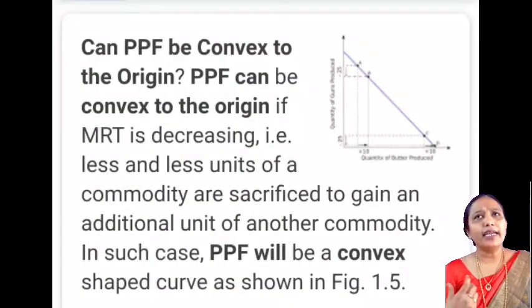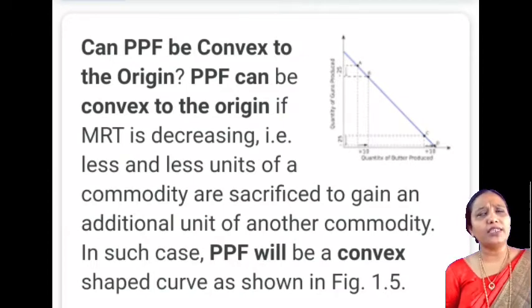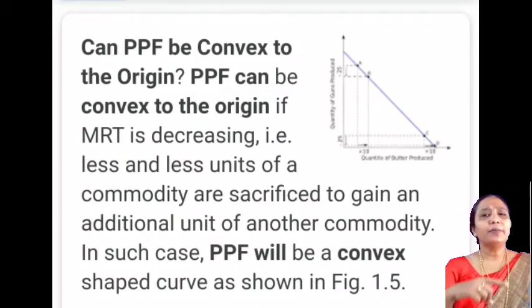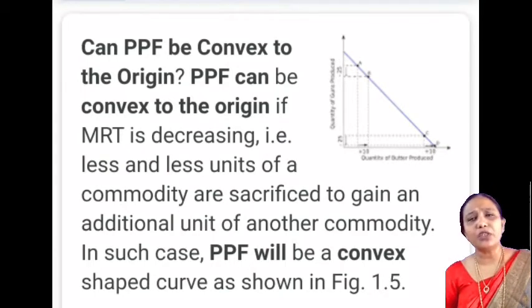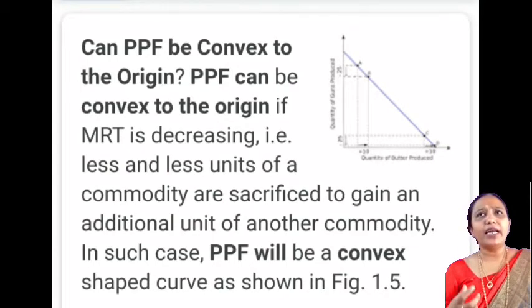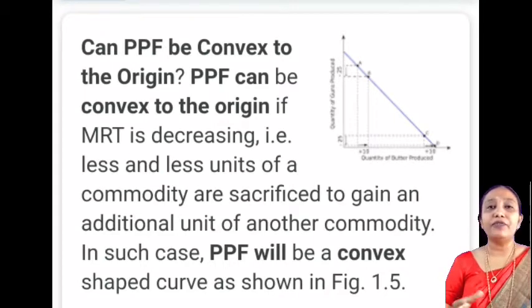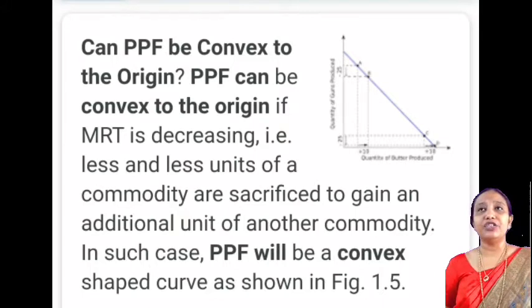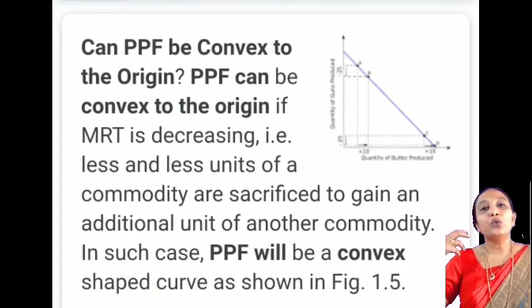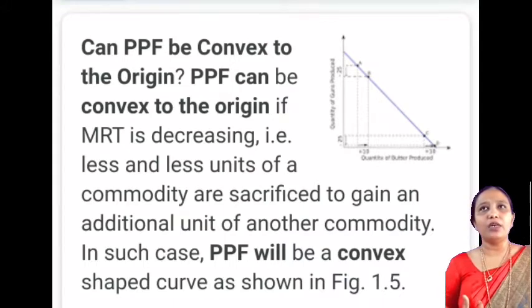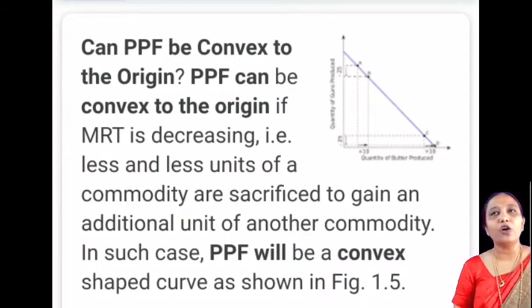Then, can PPF be convex to the origin? We know that PPF is always a concave shaped curve. Will it be convex to the origin? PPF can be convex to the origin if MRT is decreasing in nature, and less and less units of a commodity are sacrificed to gain an additional unit of another commodity.